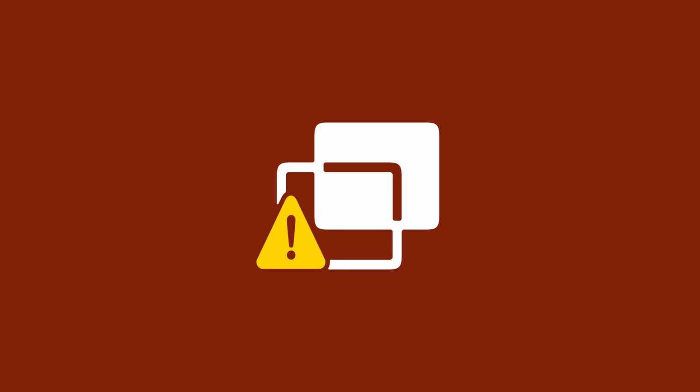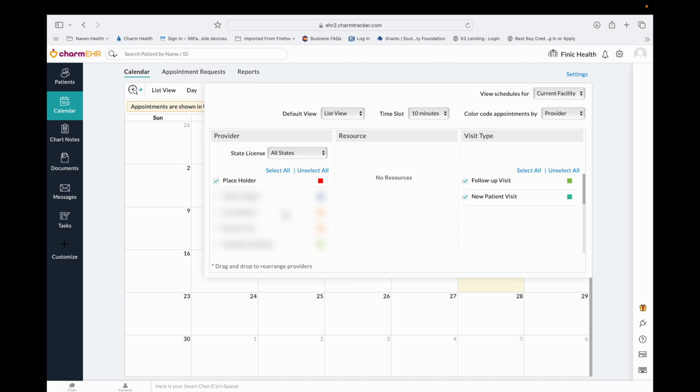You'll notice several different sections within this calendar screen. If you go up to your settings section, you'll be able to see that you can select providers or other RN schedules. This will allow you to see and coordinate with other nurses within the Finic Health team. Some nurses like to see everything and see all of the appointments.